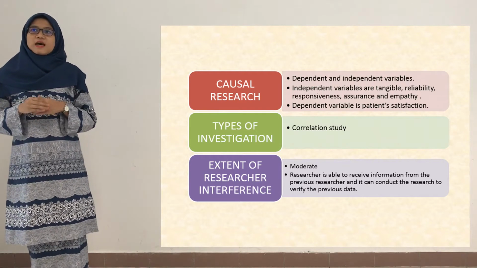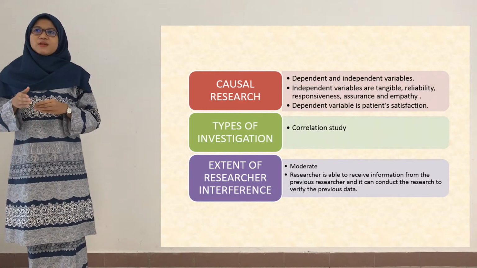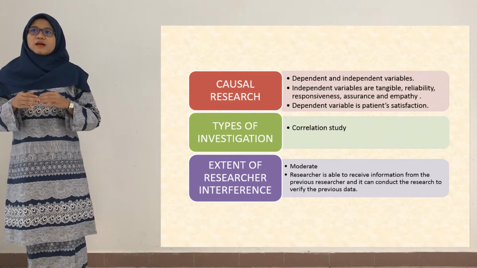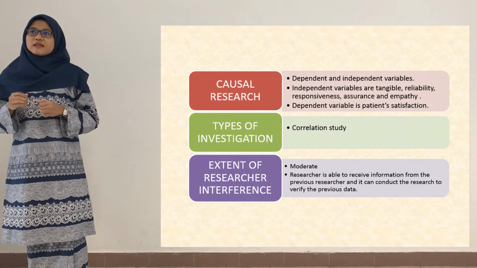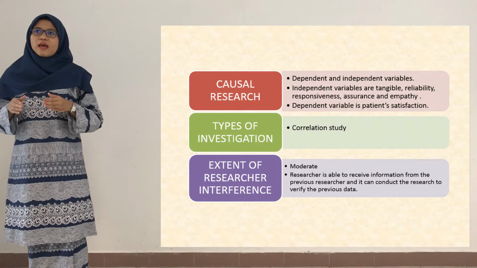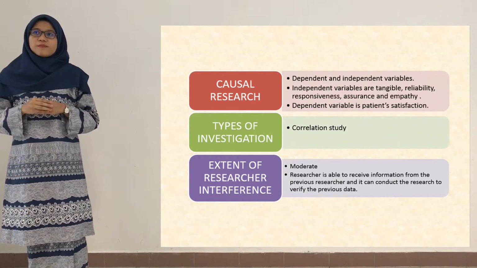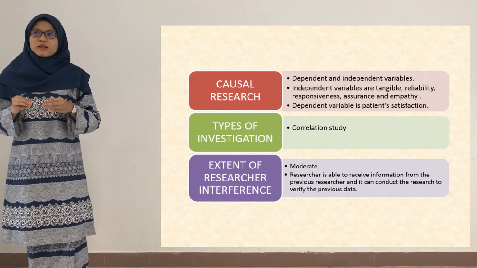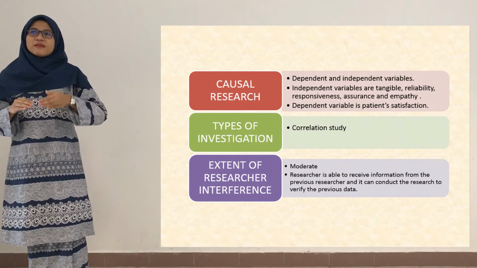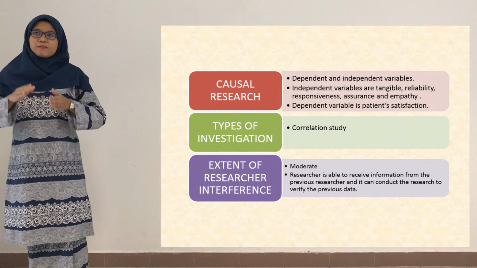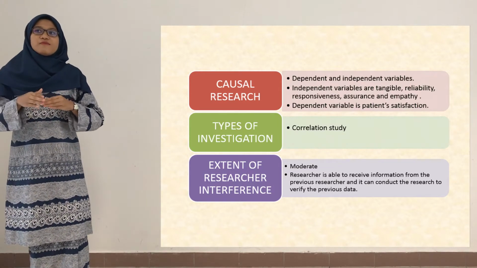Alright, the next is type of investigation. In this study, the researcher is using a correlation study. A correlation is a relationship indicating that at least 2 variables move simultaneously. This study has two variables: the dependent variable, patient satisfaction, and the independent variables.